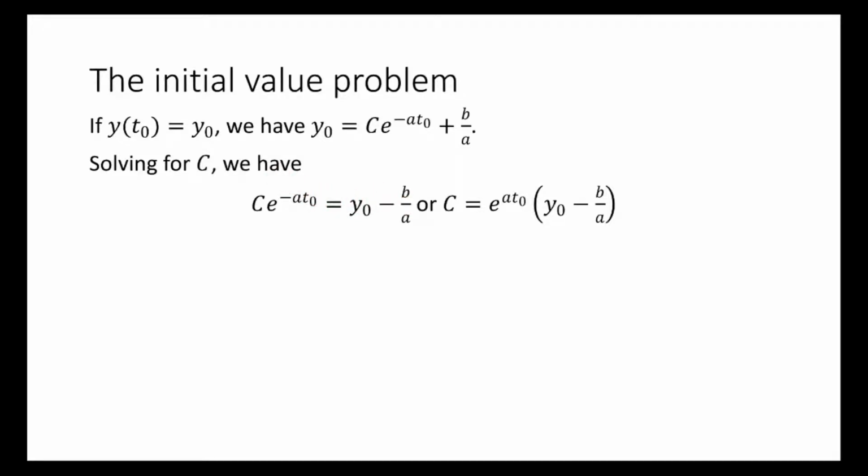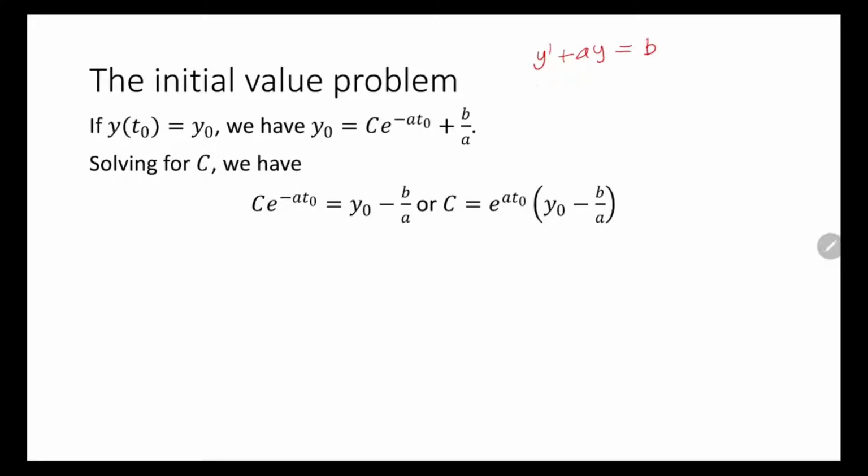Remember, before we already discussed that if we have a differential equation which is first order, linear and autonomous, in general we have y' plus ay equal to b, right?